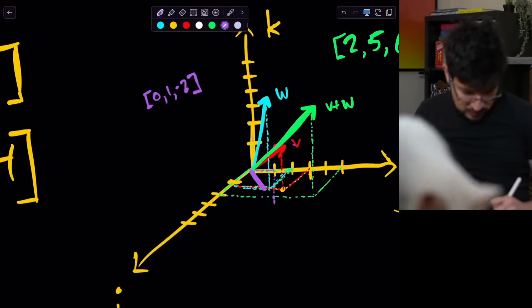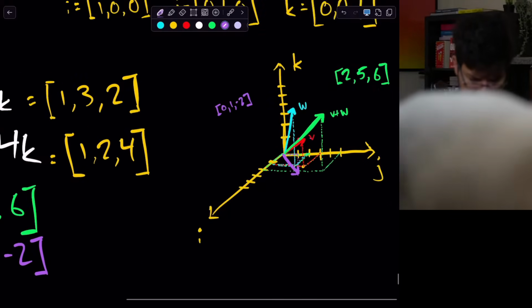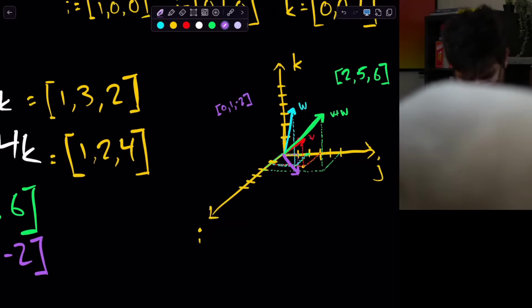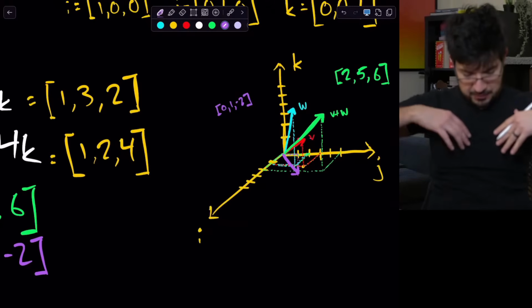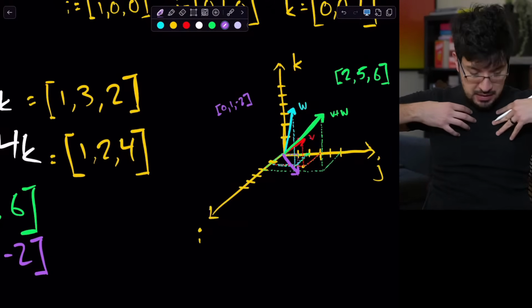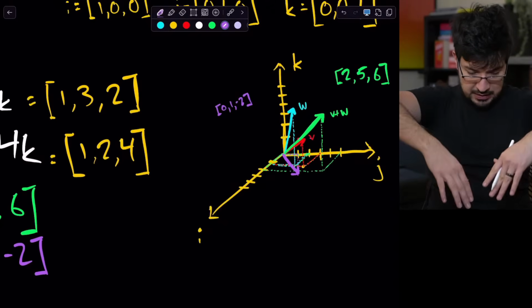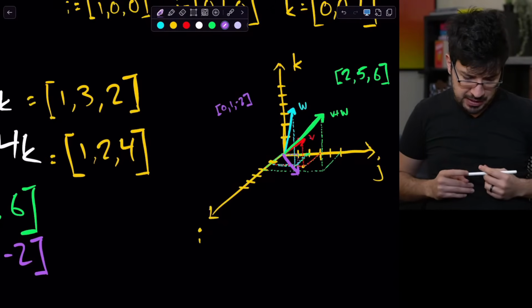Something like this. It's hard to see, but that one is kind of going away from you. If you are the camera, it's going into the page or the iPad.